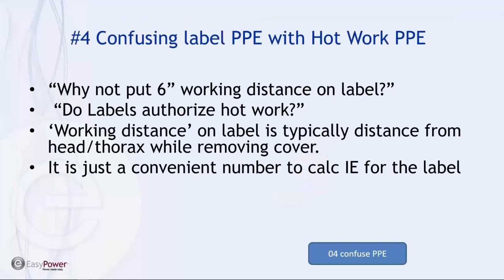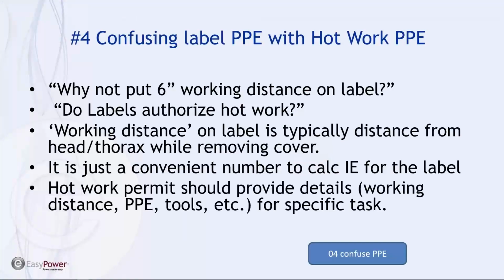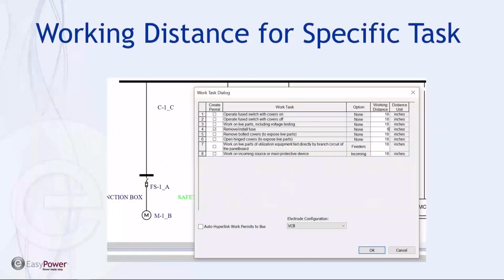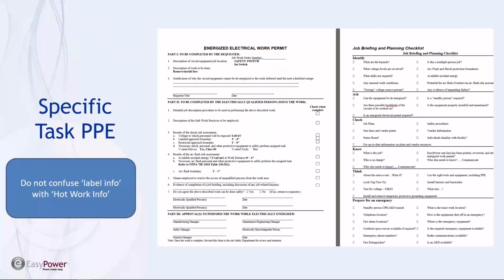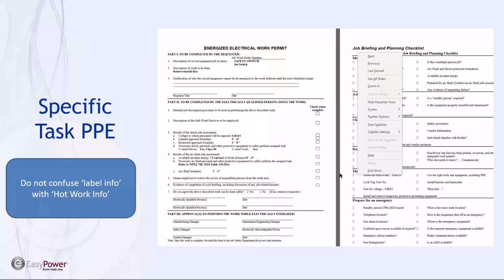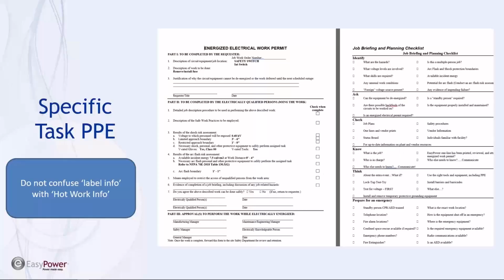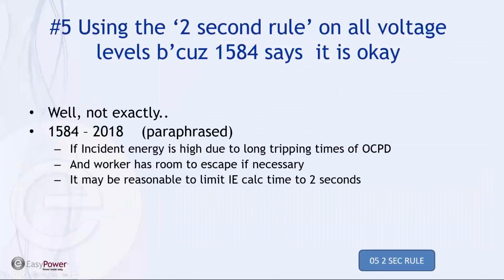And that surprisingly happens a lot. So a work permit should provide details, working distance, PPE, and tools for a specified task, and they can be different for whatever task I'm going to do. And so that's the reason that EasyPower can develop my work permit for me.